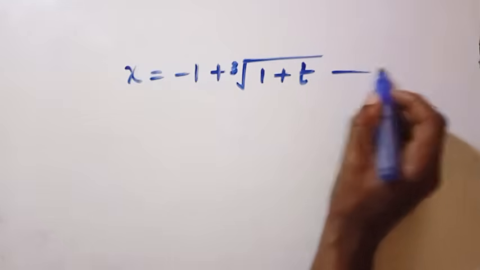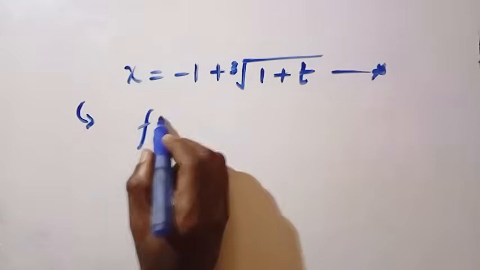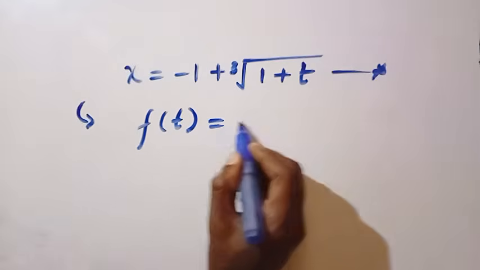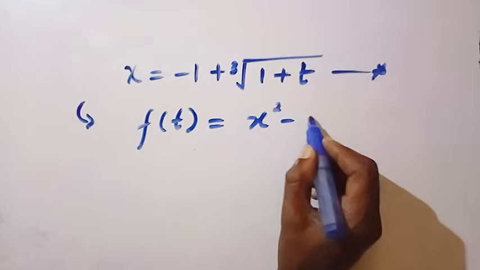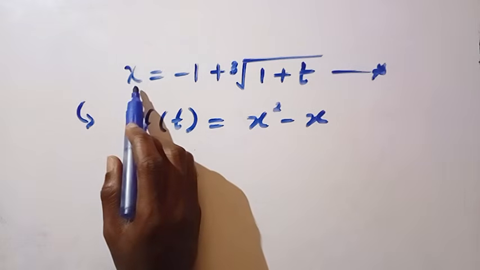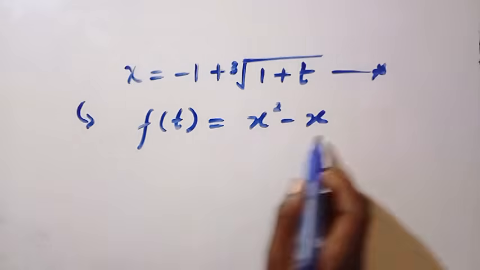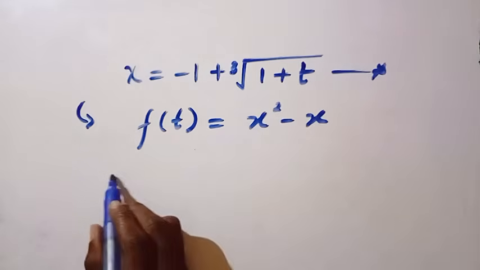And it doesn't end here. Let's recall that f of t equals x squared minus x. So we got x here, and we have to substitute it here. But let's try to solve this one explicitly.